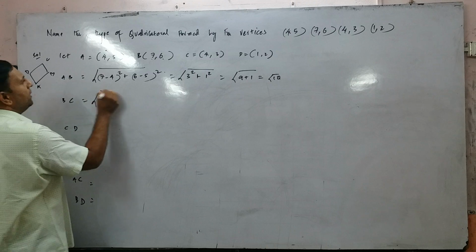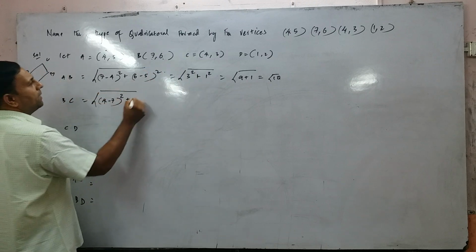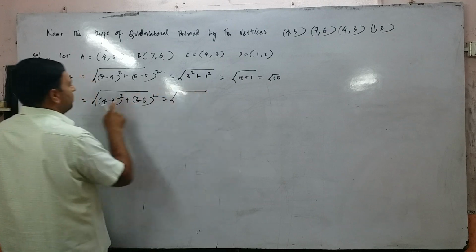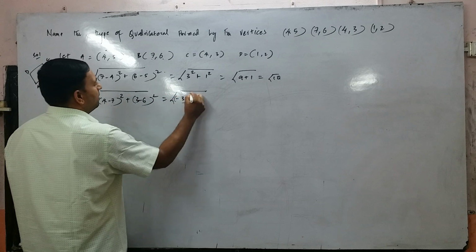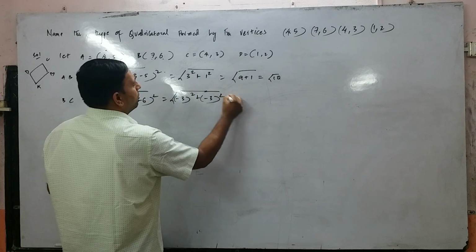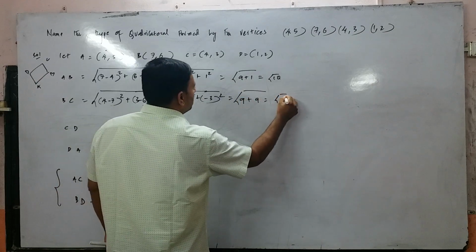Now distance BC: (4 minus 7) whole square plus (3 minus 6) whole square. 4 minus 7 whole square is minus 3 whole square, and 3 minus 6 whole square is minus 3 whole square. It is under root of 9 plus 9, which is root 18.